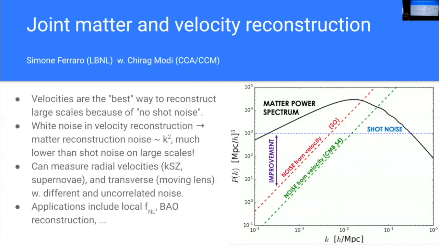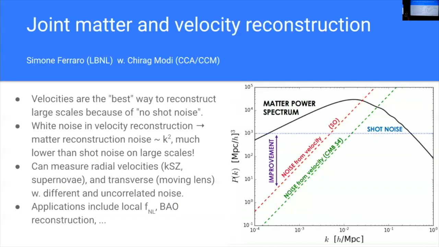Since the masks are complicated and have all sorts of holes, the survey footprint is a poor indicator. The boundary region is much larger in practice than you would think from just looking at the footprint. Okay, can you go to the next slide?